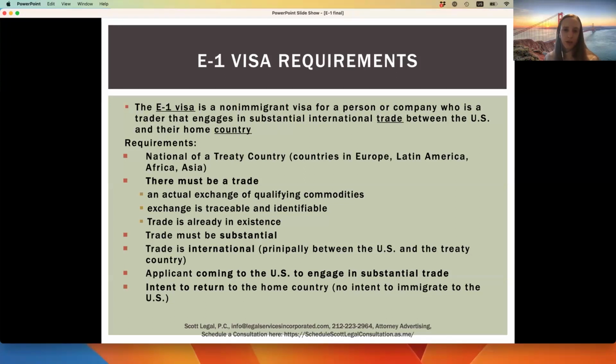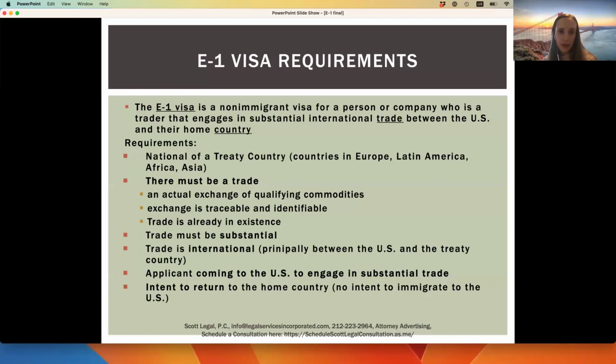So for example, let's say that you were born in India, which is unfortunately not an E-1 visa treaty country, but then later in your life, you got a nationality of, let's say, the UK or Canada. You would be able to apply for an E-1 visa with that UK or Canadian, or any other passport, as long as the country is an E-1 visa treaty country.